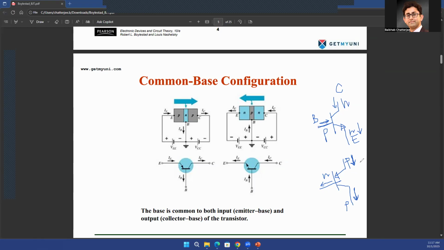For the PNP, the majority carriers are the holes. And the direction of the current through the emitter is represented by the arrow. So basically, that's how the symbol of the NPN looks, and for a PNP, this is how the symbol looks. For PNP, the current comes in through the emitter. On the other hand, for the NPN, the current goes out of the emitter.